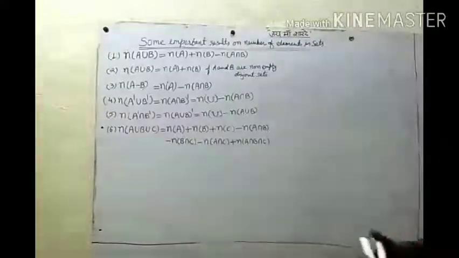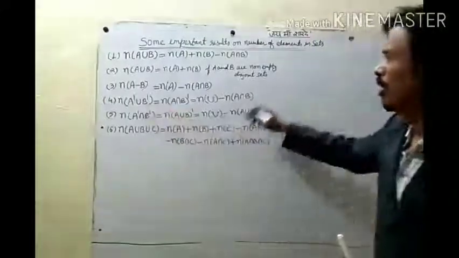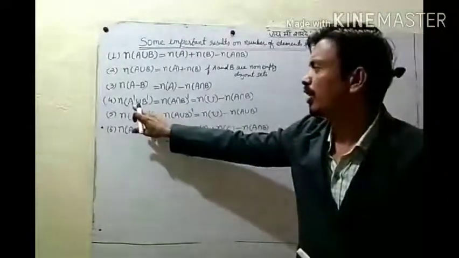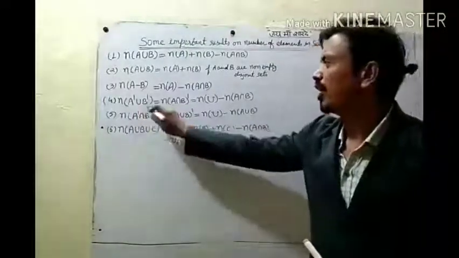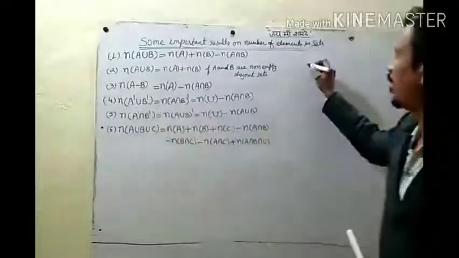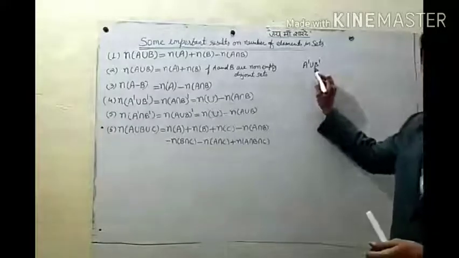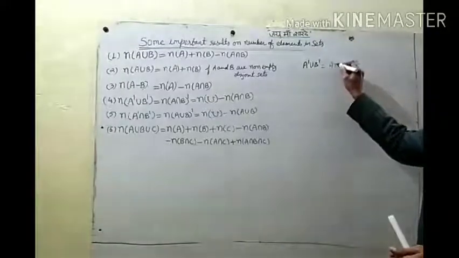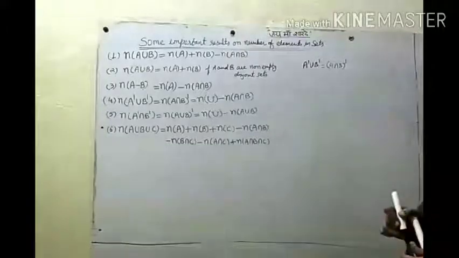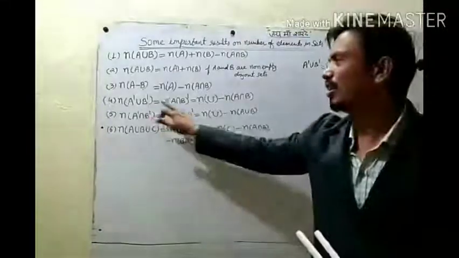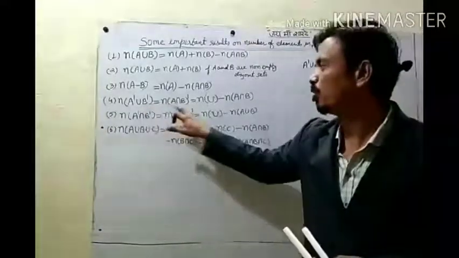Now, the fourth property: the number of elements of A dash union B dash. By De Morgan's law, the union of A dash and B dash, we can write as the complement of A intersection B. So this can be written like this using De Morgan's law.